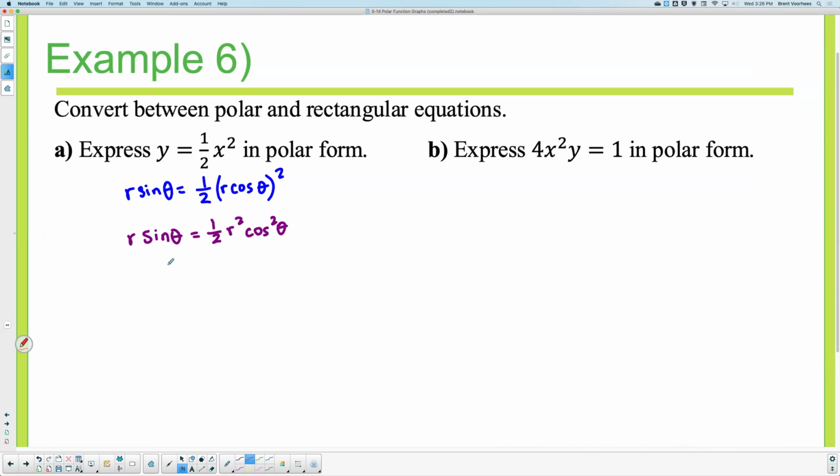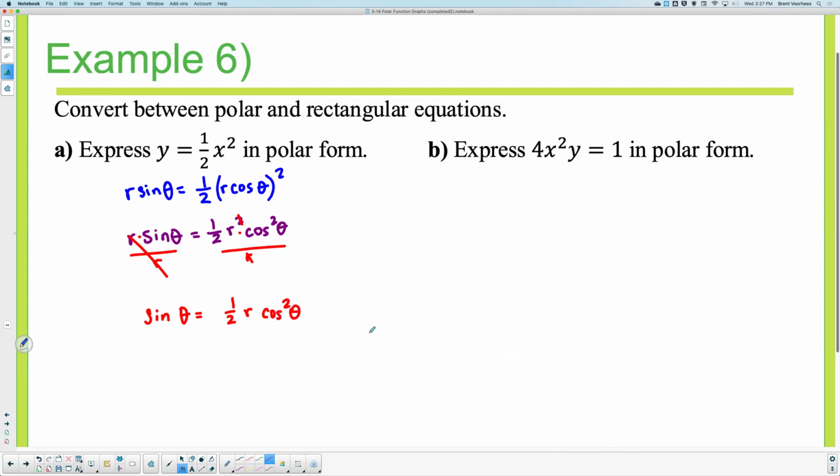So the simple way of thinking about this would be divide out an r. The truth be told, there's a problem if r is 0, we have an issue doing this. But now I have that sine theta equals 1/2 r cosine squared theta.